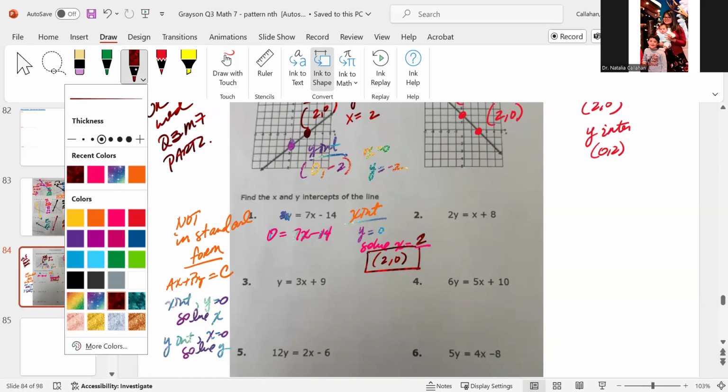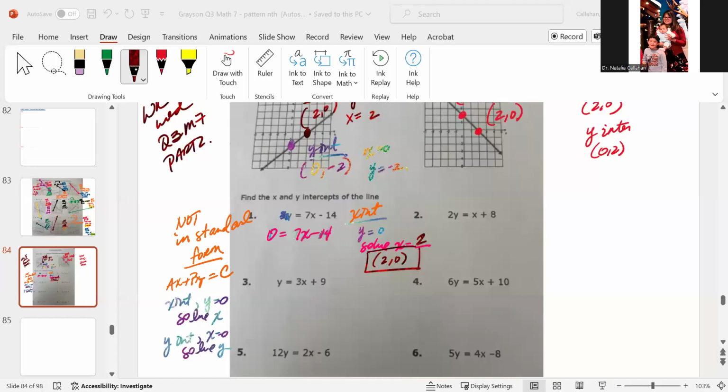Two. 2, 0, right? What number are we on? We're still on the first one.